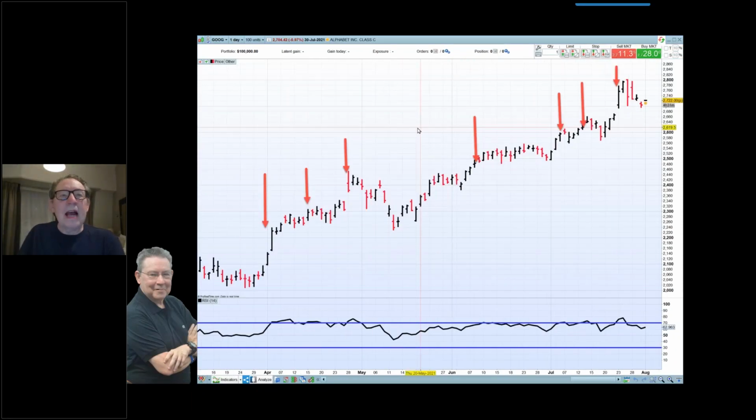Okay, now let's take a look over here at Google. And I'm going to do the same thing. This is a pretty good bull market, but it's not a monster bull market like the S&P was. So here's the point where we first get above. I put the same points here. So that one was a terrible sell. That one, not very good.